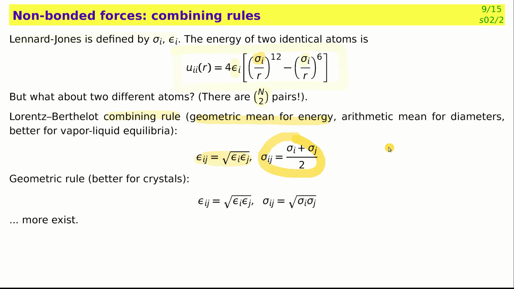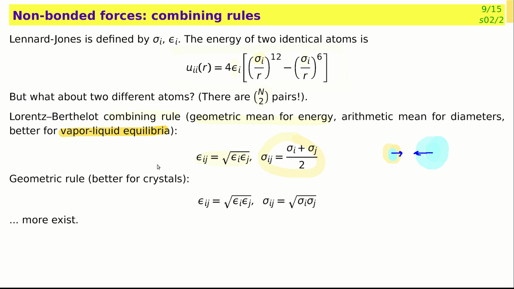It means that if I have one atom here and another atom here, and they are approximately in touch or at the minimum distance, this minimum distance is the average of both terms, or radius of one atom plus the radius of the other atom, radius the half of the diameter sigma, and so on. It is often used. It works quite fine, for example, for vapor-liquid equilibria.